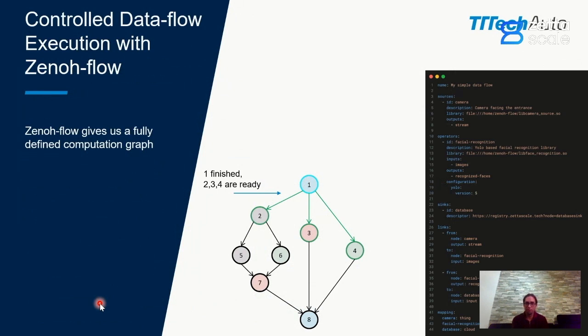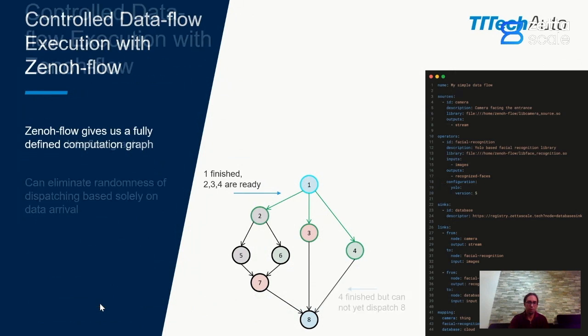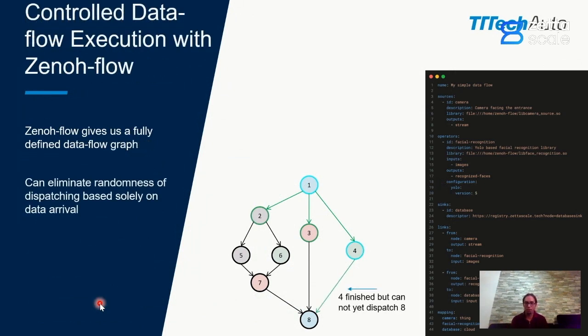So if you see here the first one finished, you know that 2, 3, and 4 could be executed because they only depend on data that is produced by the first node. If you then go on and say, okay, you have finished node 4, you can look again at the graph, but then you see that you cannot yet dispatch node 8 because node 8 also depends on the inputs from 7 and 3, but they did not run yet.